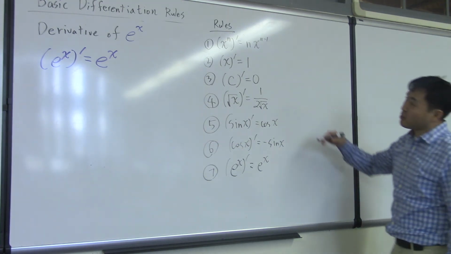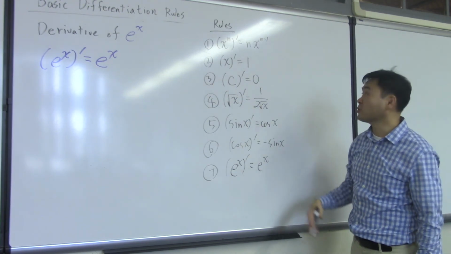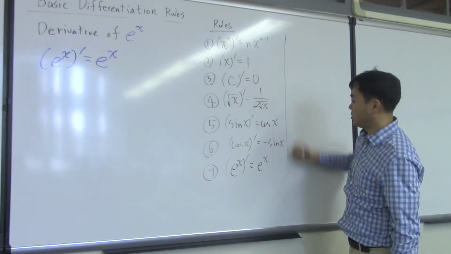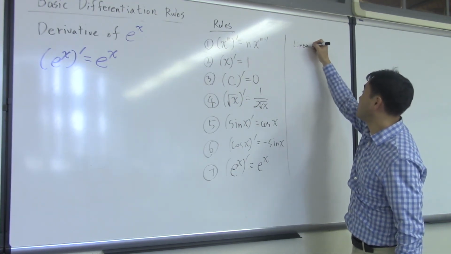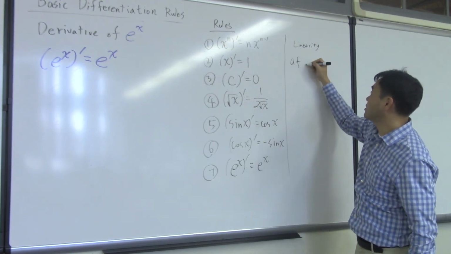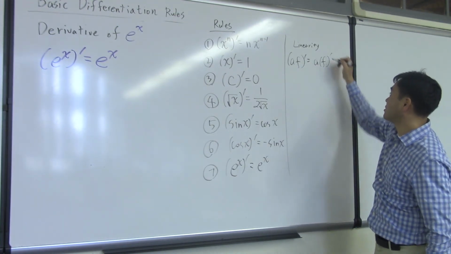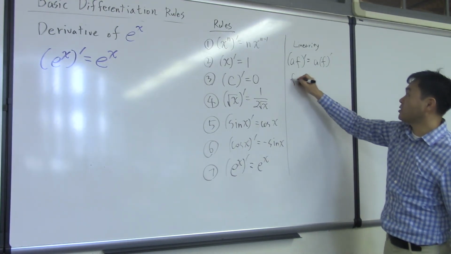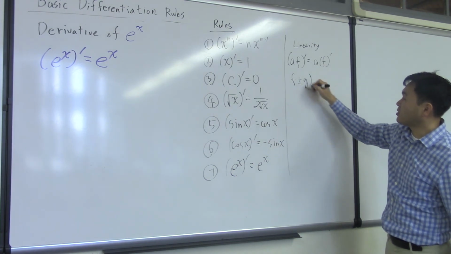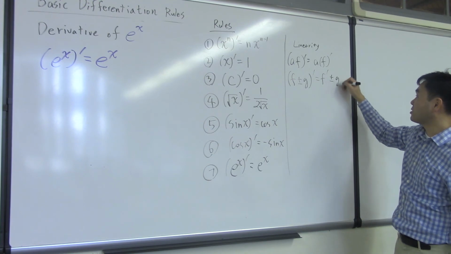And in addition to some list of derivatives of functions, we have the linearity, which says, well, it's two things. A constant should be pulled out and differentiated. And if you have a sum or subtraction, you can differentiate separately.